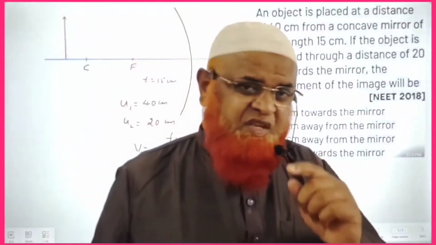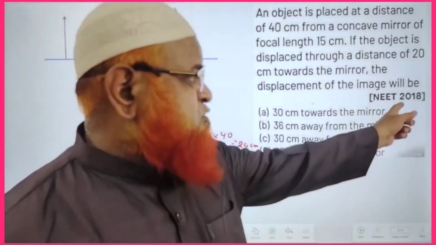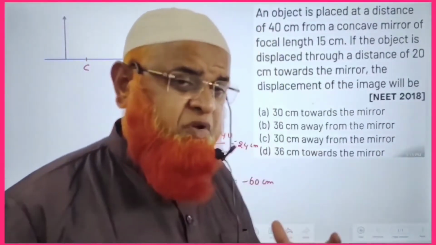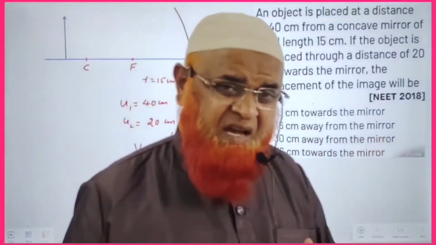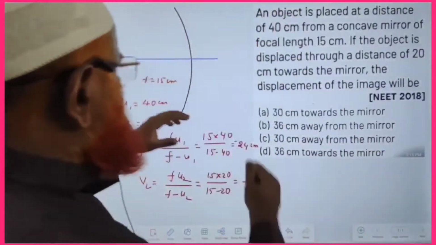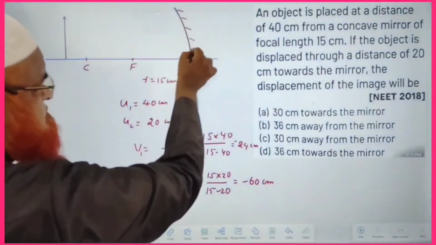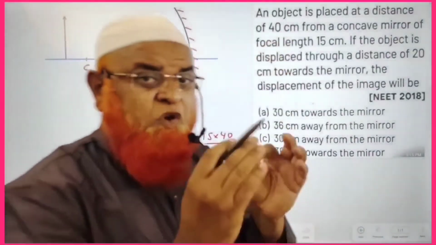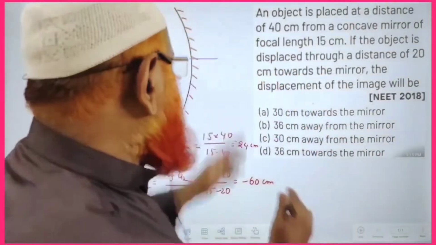My dear students, this is a previous year question asked in NEET 2018. Okay, there is a simple shortcut to solve this problem which is very amazing. Let us see what the shortcut is. First of all, try to understand here. This is a concave mirror and the object is placed at a distance of 40 centimeters from the pole of the mirror.